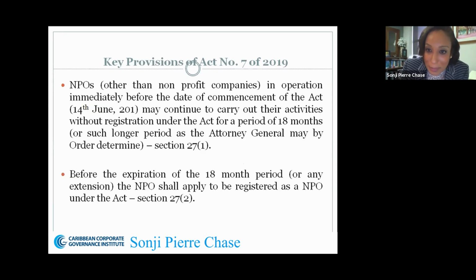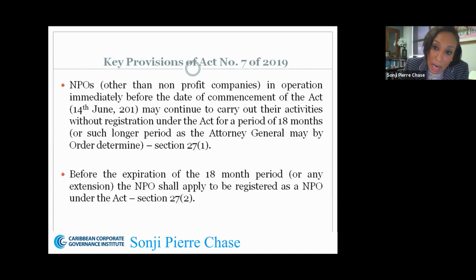So NPOs, other than the non-profit companies, who were in operation before the commencement of the Act, may continue to carry out the activity for a period of 18 months. So say you're an NPO that was not a non-profit company, an unregistered body, like a teacher's club or reading club or whatever.